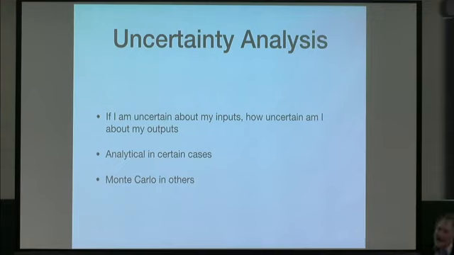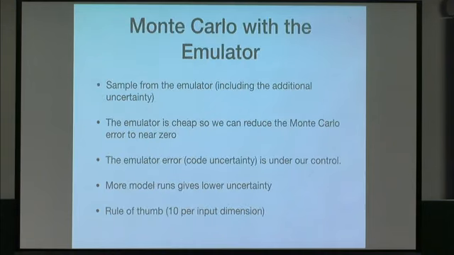In most cases we can't do that, and often we use Monte Carlo. But Monte Carlo now is a bit different, because we're going to sample from the emulator, not from the original model. But we have to add this additional uncertainty because the emulator is not the model.